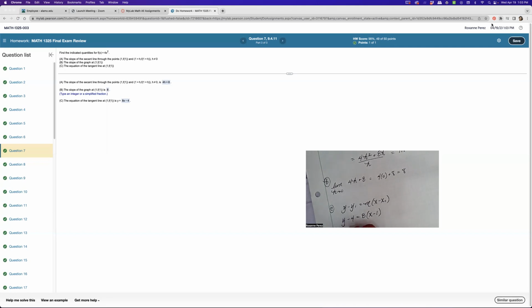That's going to give us y minus 4 equals 8x minus 8. We're going to move this 4 to isolate the y variable. So that's going to leave us with y equals 8x minus 4. And that's the equation of the tangent line at x equals 1.